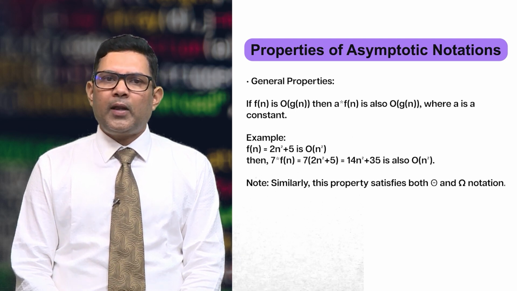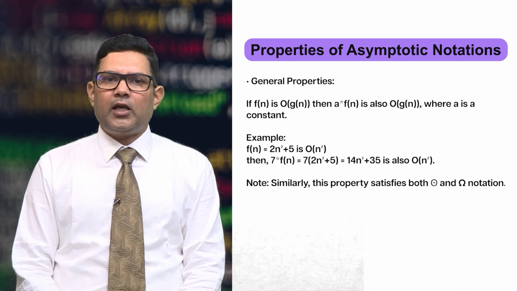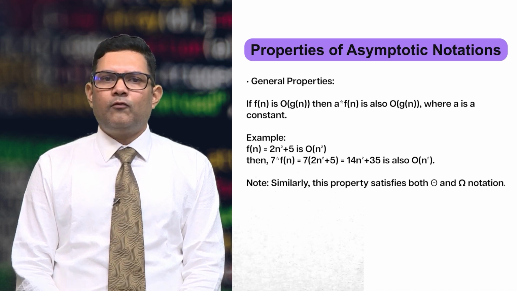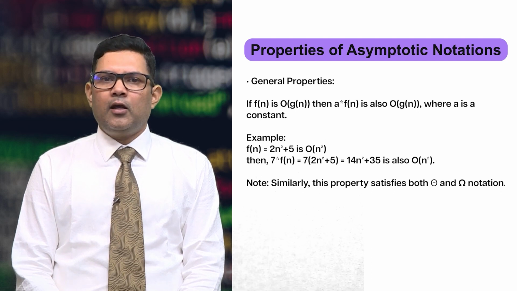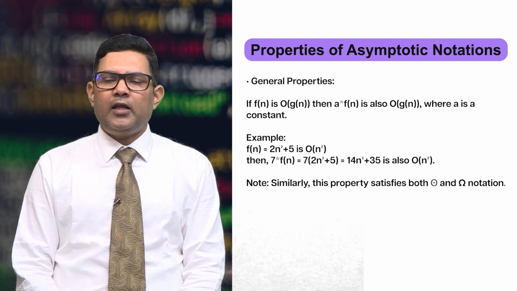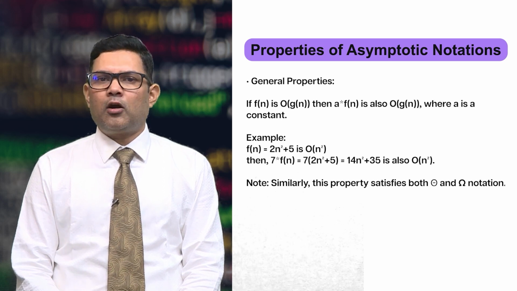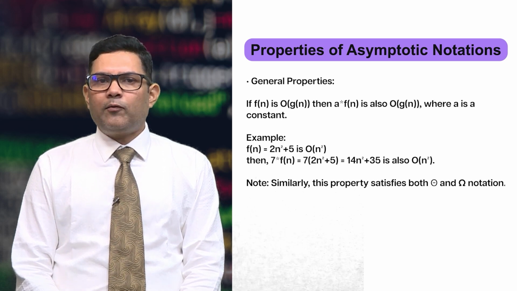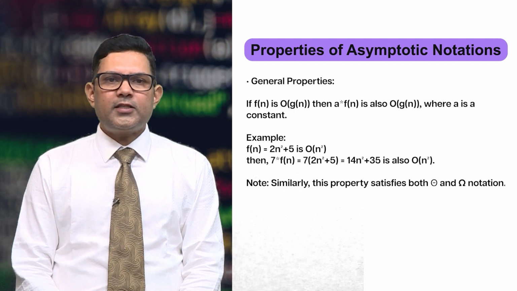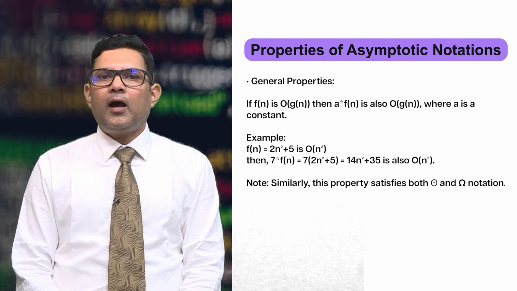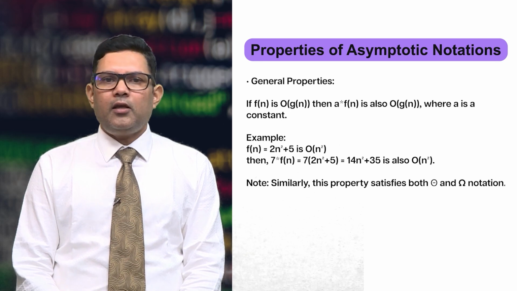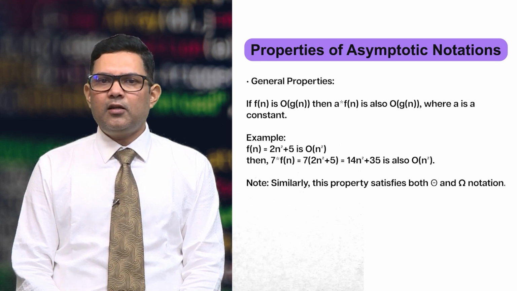If we multiply the constant value 7 with f of n, the output will be 14n square plus 35, and the growth rate of that function after multiplying by 7 is also quadratic, that is order of n square. We have to remember that this general property is followed by big O, omega and theta notation. All three notations satisfy this property.